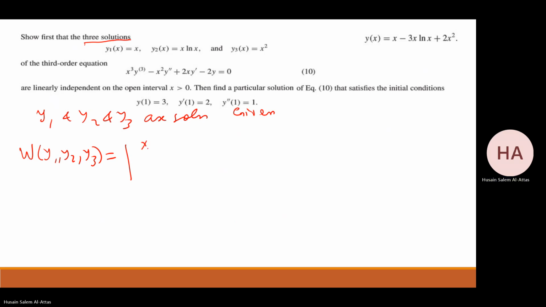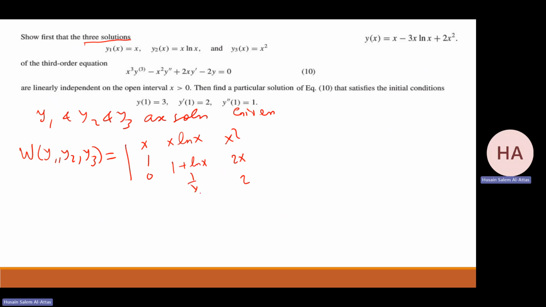And do x, 1, 0, x ln x. That will be x squared. That's easy. x ln x will be a product. I have the derivative of x, and the derivative of ln x is 1 over x, so x times 1 over x plus ln x.